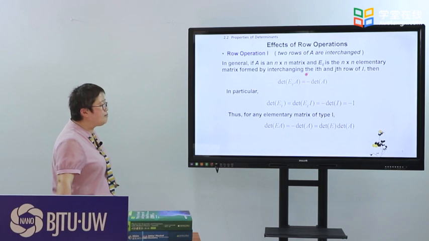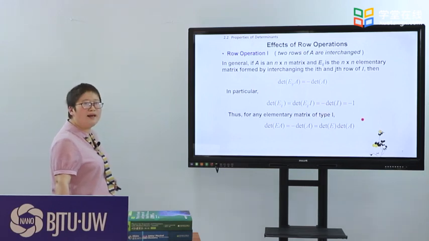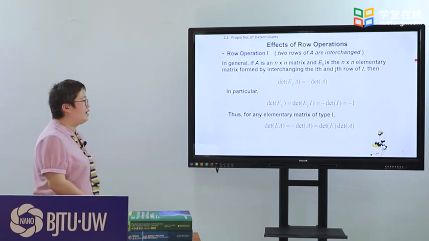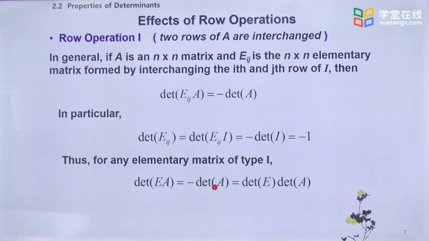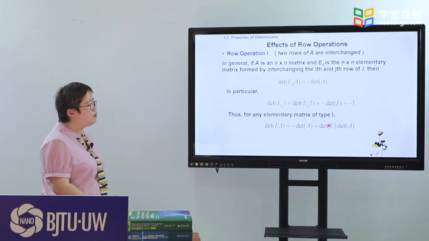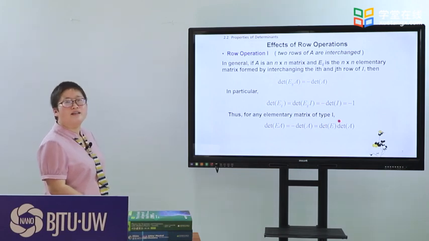Thus, for any elementary matrix of type 1, we get the determinant of EA equals minus the determinant of A, which equals the determinant of E times the determinant of A. So the determinant of the product of these two matrices equals the product of their determinants.